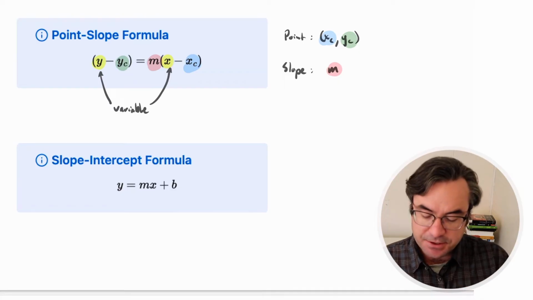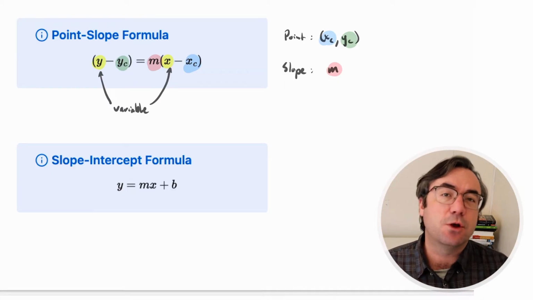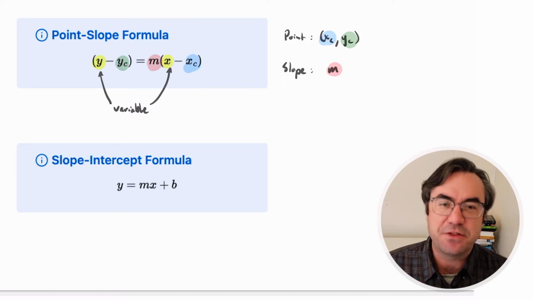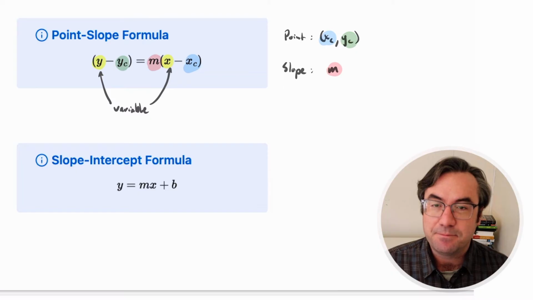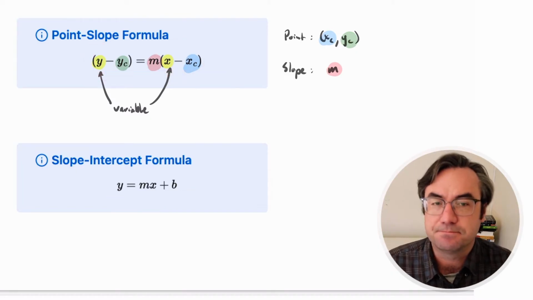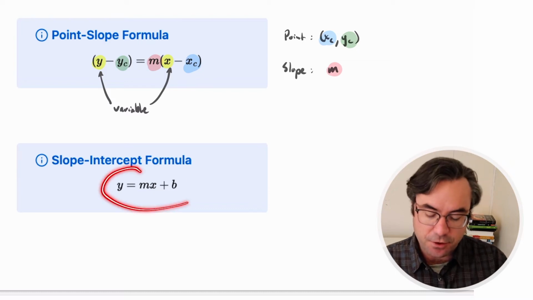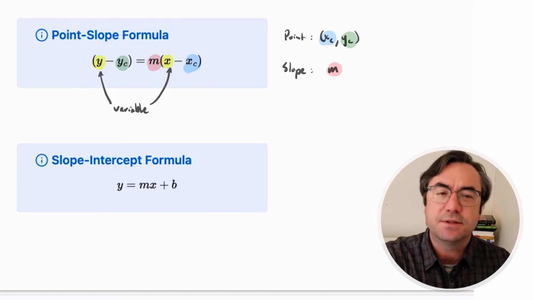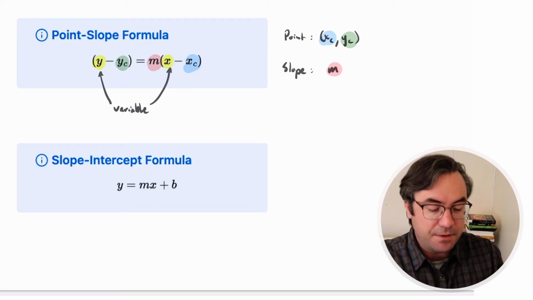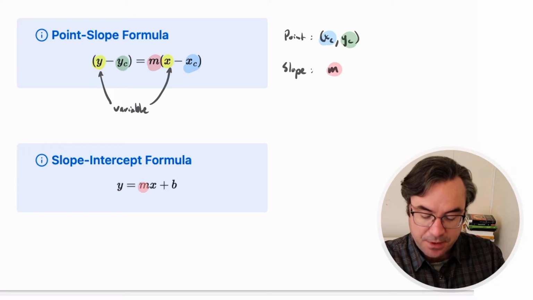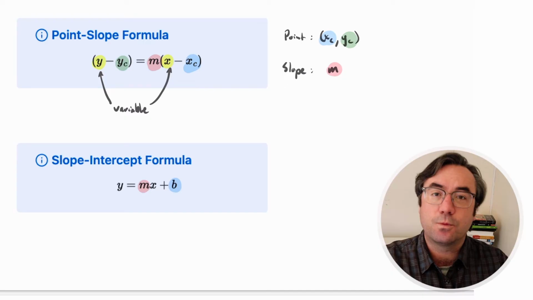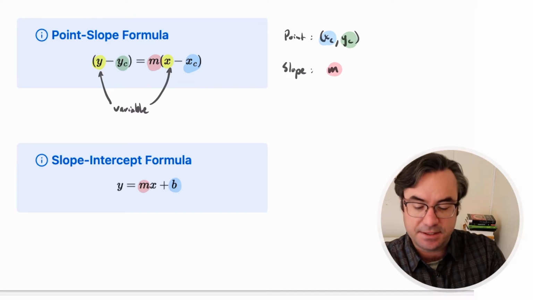Another way is with what we call the slope-intercept form. This is the nicer version. Essentially, we're taking this equation and solving for y. It's just an alternative way to write essentially the same information. In this one, m is the slope constant, and b is where the line crosses the y-axis.